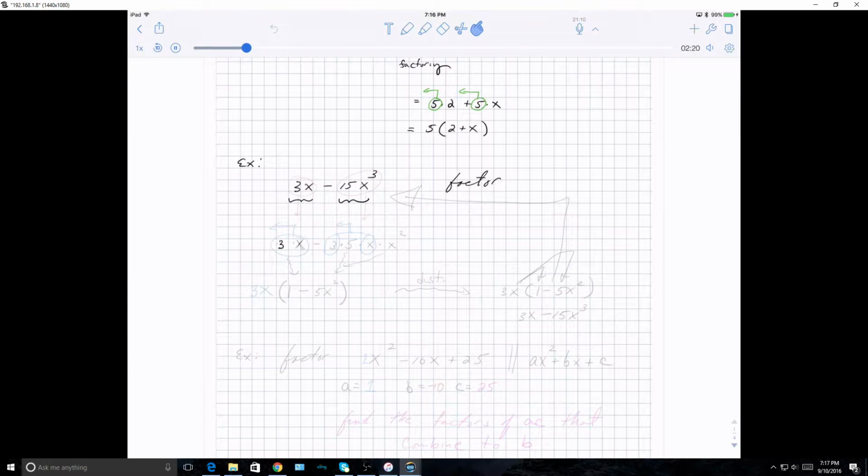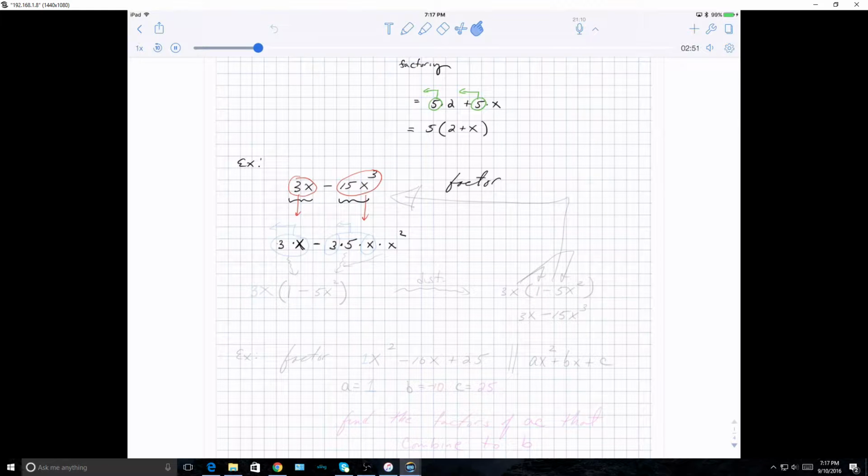So we can rewrite this as 3 times the x, and then minus 3 times 5 times x squared. So what we did here was just break these apart so we can easily see what's common between them.